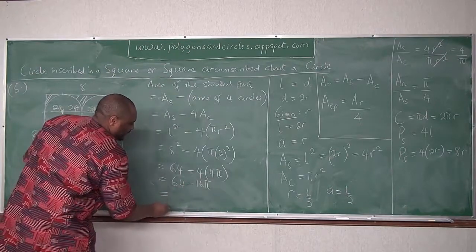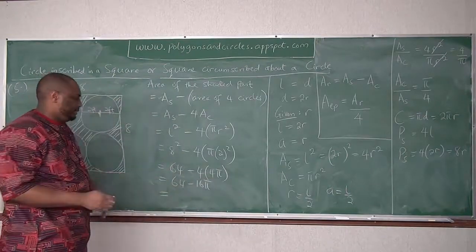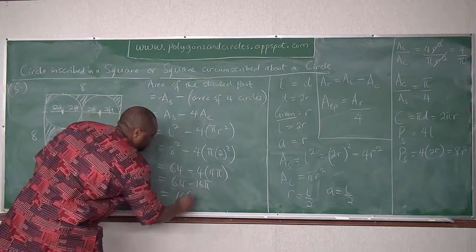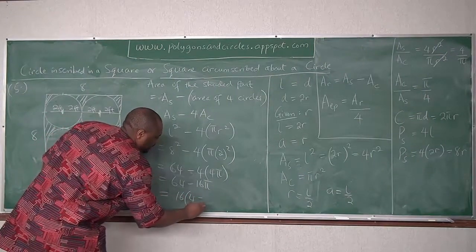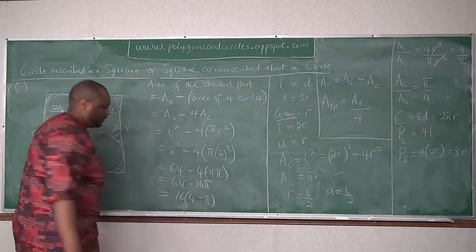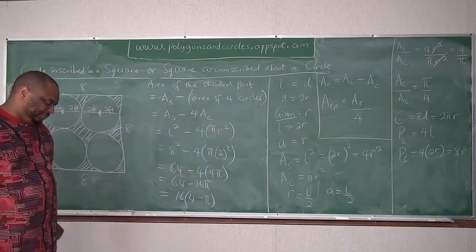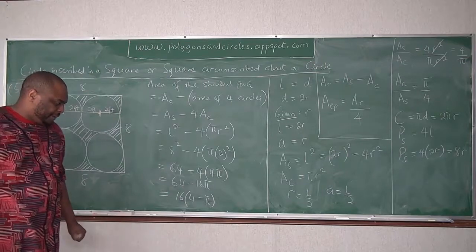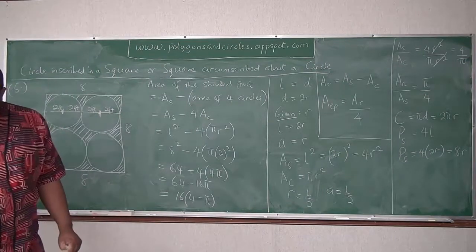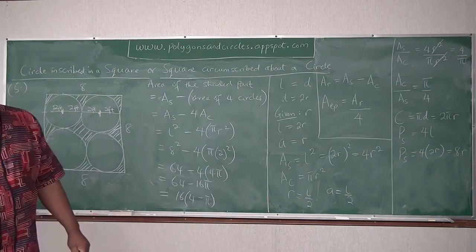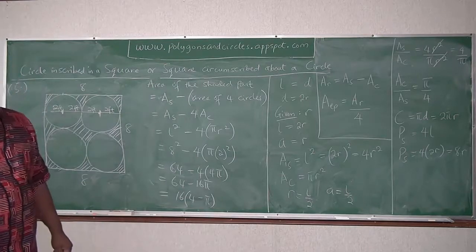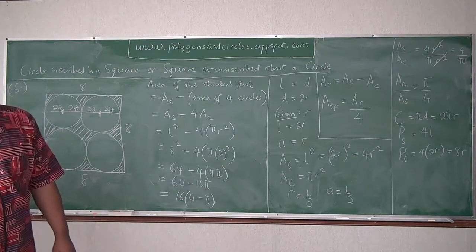I want you to factor it. 16 is the GCF, so 16 times 4 minus pi. And they want this in decimal, the answers are in decimal.